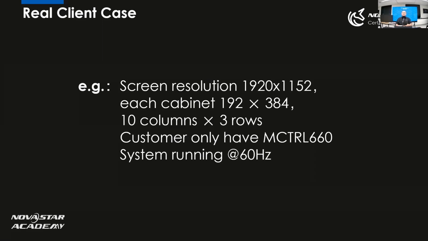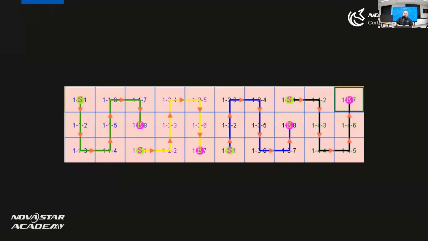We use the loading capacity of one output to divide by each cabinet resolution. We know 8 is the maximum number of cabinets to be connected, right? So we can easily get this kind of connection. This is the final connection that the customer sent to me. So let's see whether it is okay.